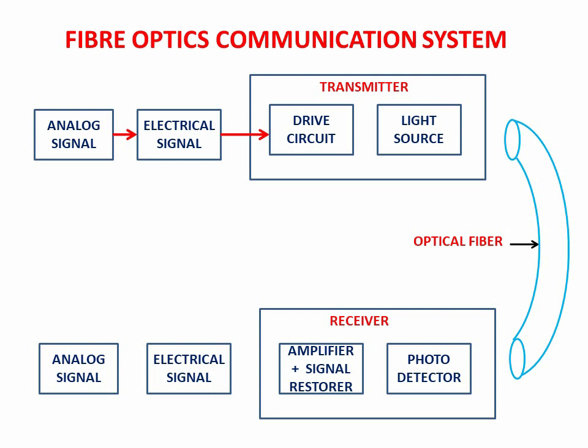The drive circuit transfers the electric input signal into digital pulses. The digital pulse is given to the light source. The light source converts digital pulses into optical pulses. When the optical signal is entering the optical fiber, it transmits the signal under the principle of total internal reflection.